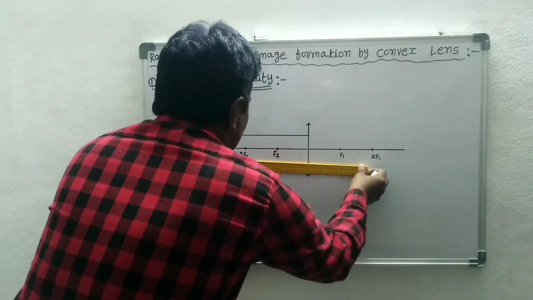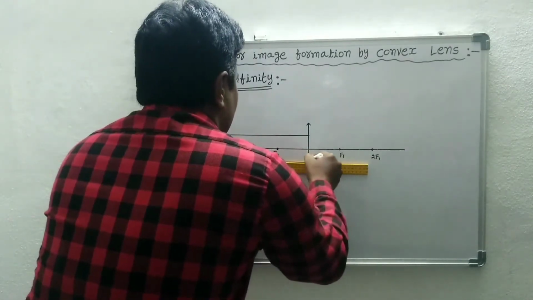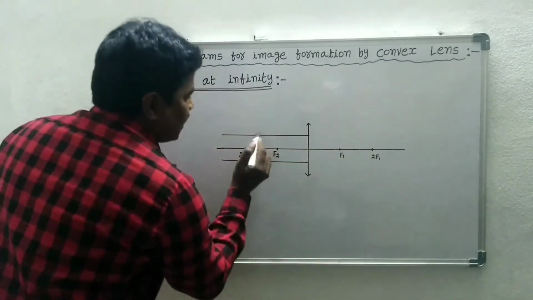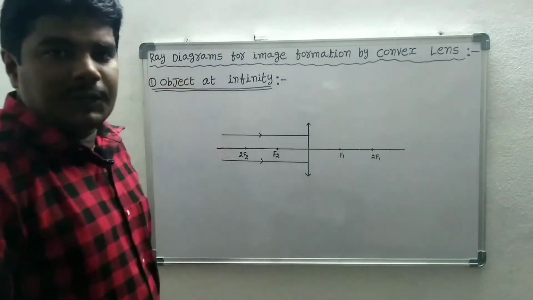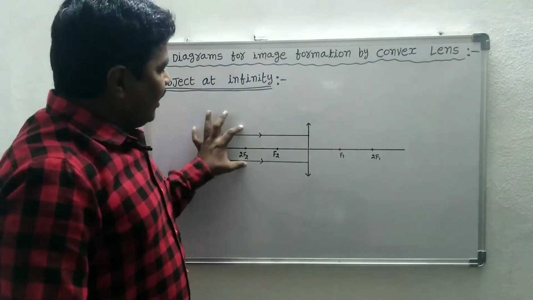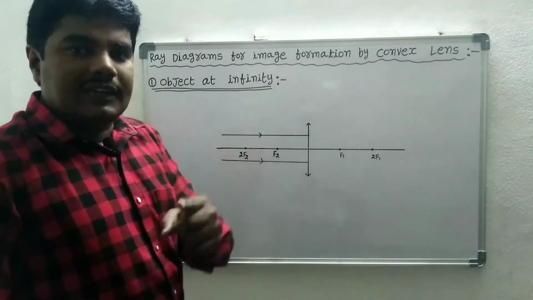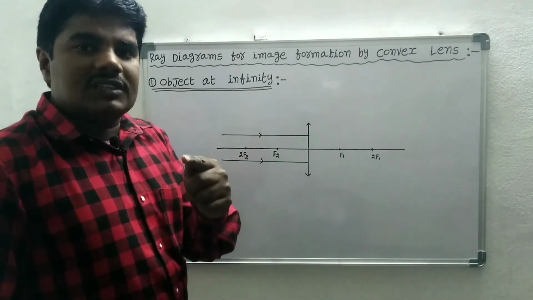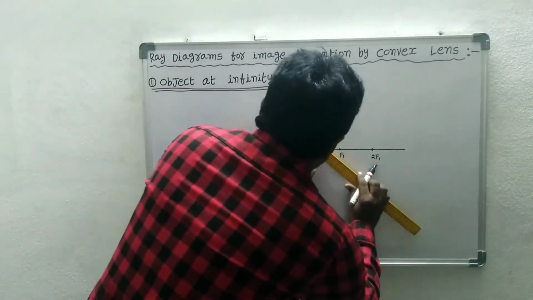And here also we take another light ray. So these are moving in this direction. The light rays parallel to the principal axis are deviated and converge at the principal focus. So like this.